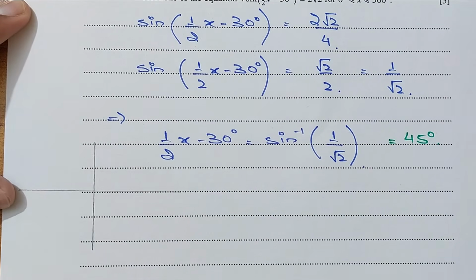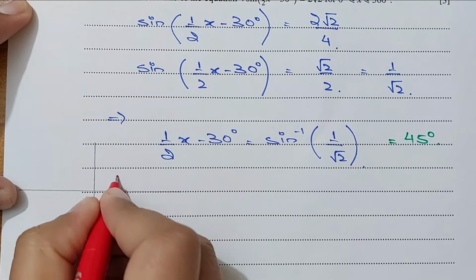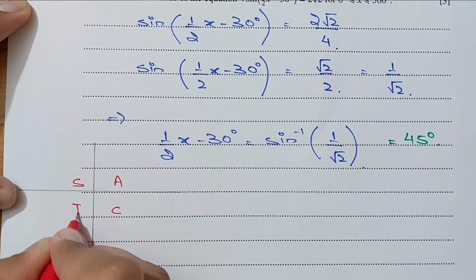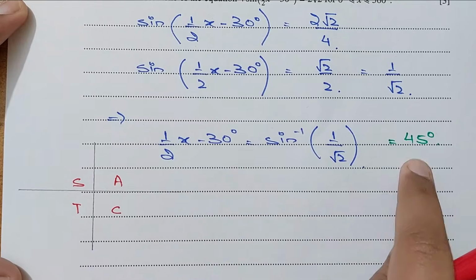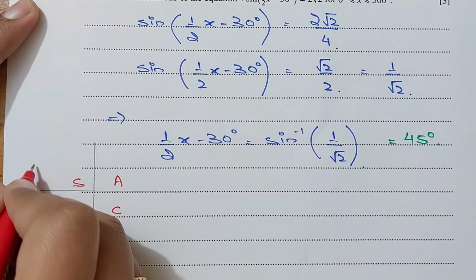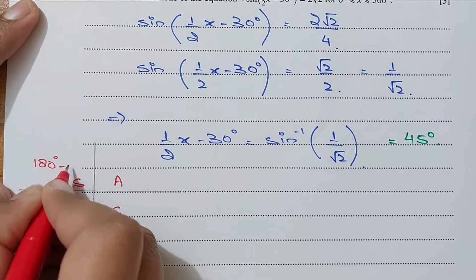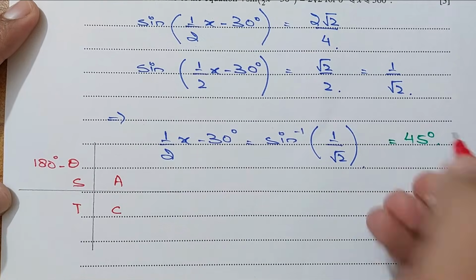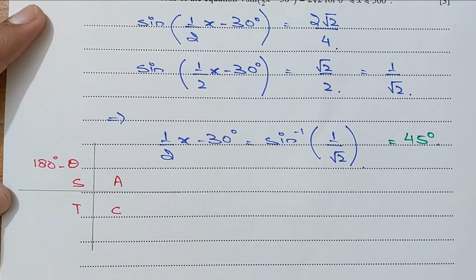If I use the CAST rule, we have C A S T. Sine is positive in the first quadrant, which is 45, and in the second quadrant, where we do 180 minus the theta value, 180 minus 45. Yes, we can see.